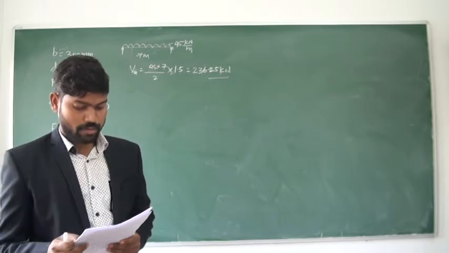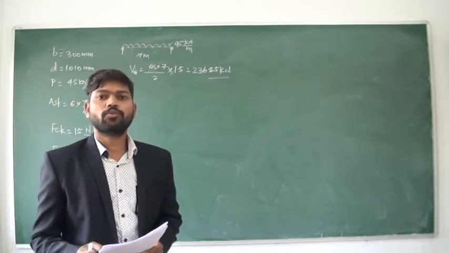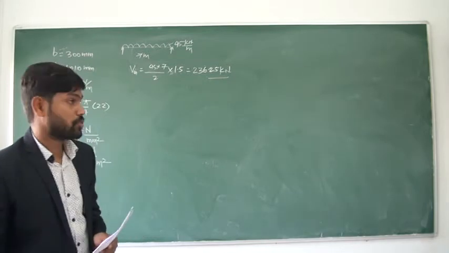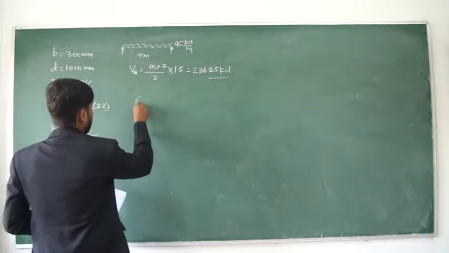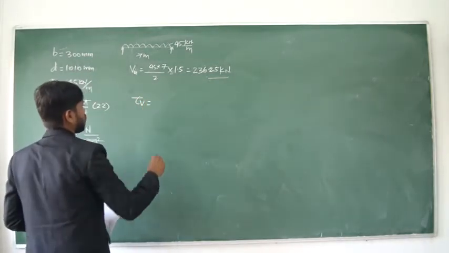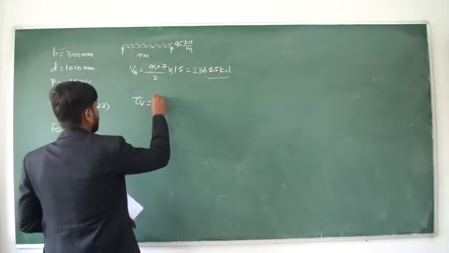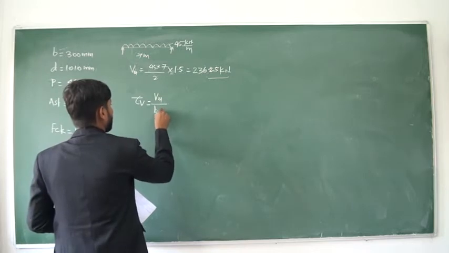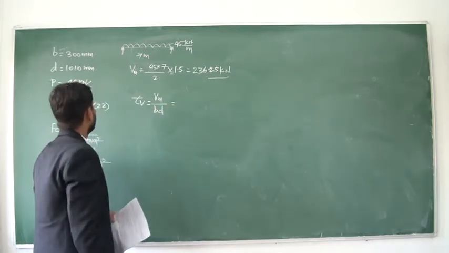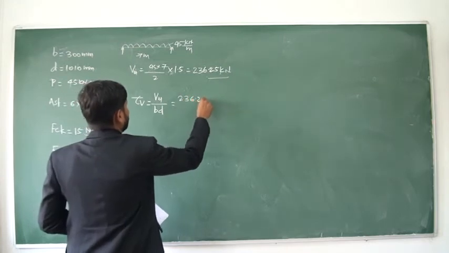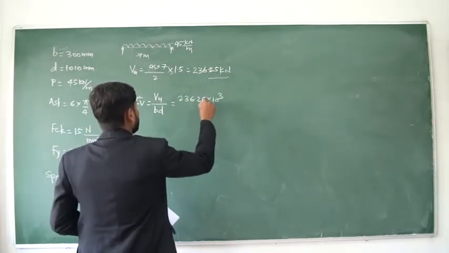Now we have to calculate the nominal shear stress, tau v. As per our design procedure, tau v is Vu divided by bd. Vu is 236.25 into 10 raised to 3.